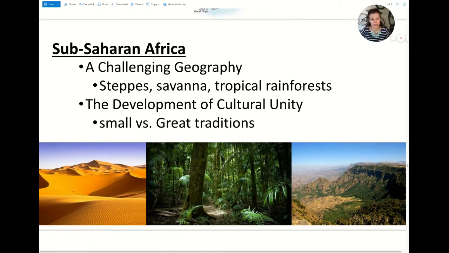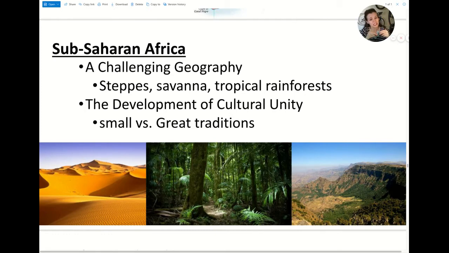Small traditions, on the other hand, are the term historians use for a localized, usually non-literate set of customs and beliefs adhered to by a single society, often in conjunction with a great tradition, right?